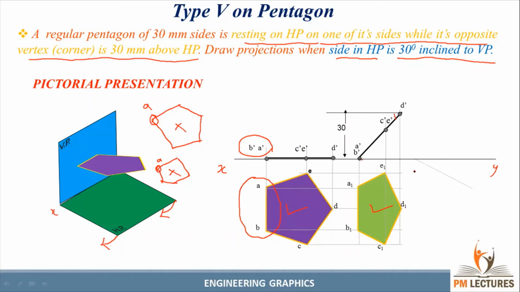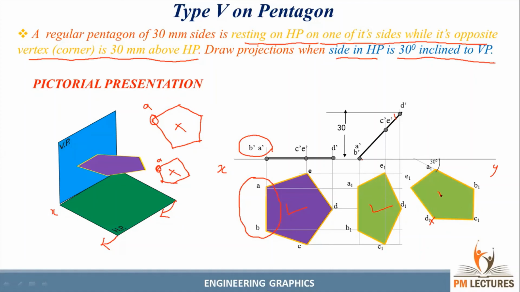We need to reproduce the same parameters of this pentagon here. For that, measure A1 to B1 using the compass and make an arc. After that, measure A1 to E1 and put an arc. Similarly, B1 to C1, E1 to D1, and C1 to D1, put arcs. The intersecting points give the pentagon.